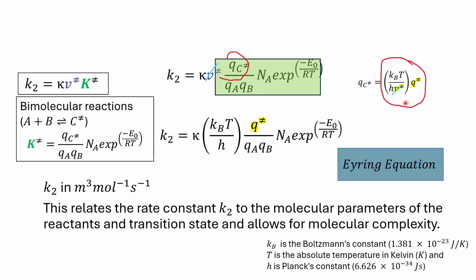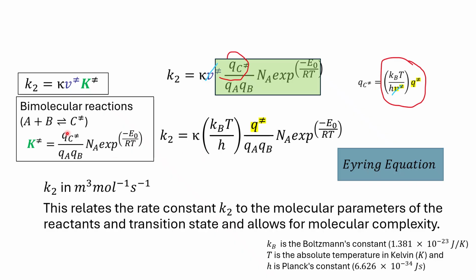When we replace these expressions into the equation, it will let us cancel off the frequency of the asymmetrical vibration. So both of these can be cancelled off and we retain only these expressions. Now we have the equation to determine the rate constant for the whole reaction.